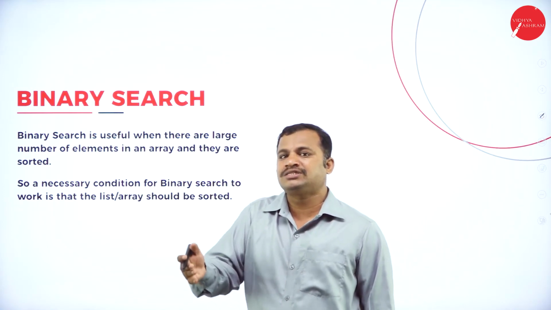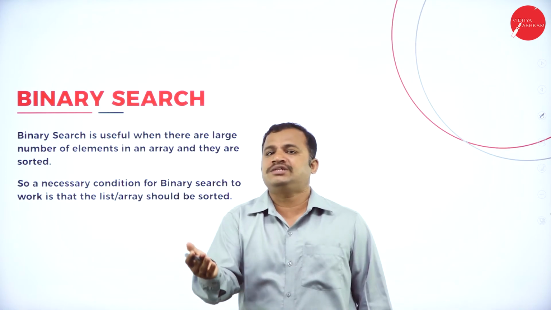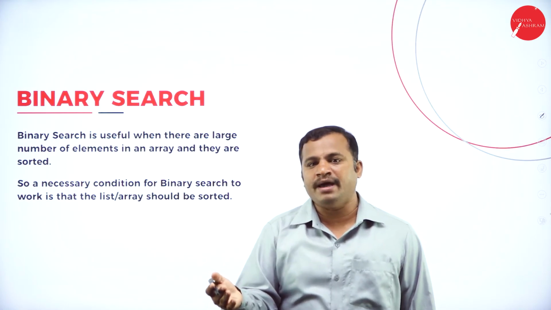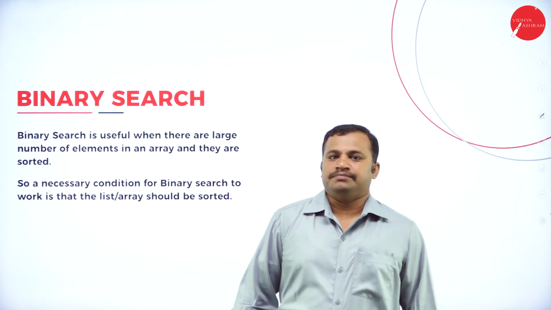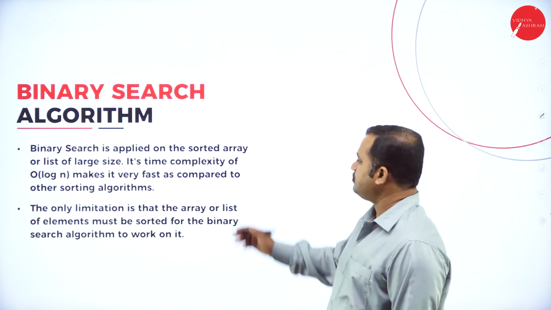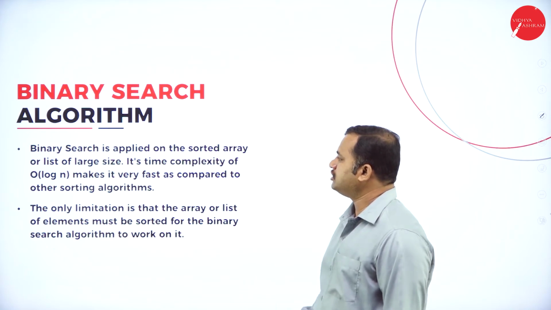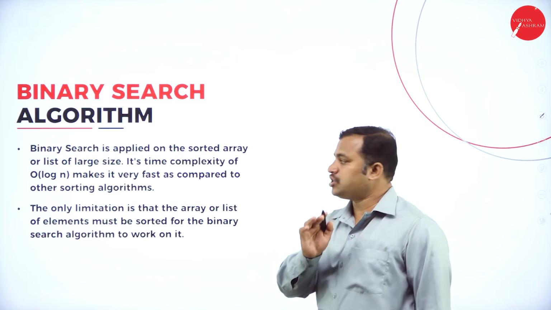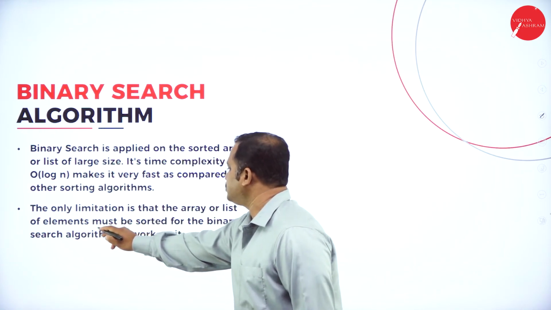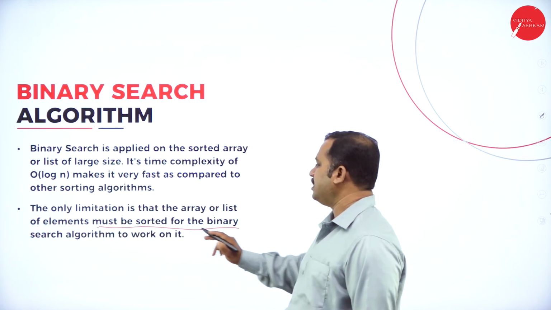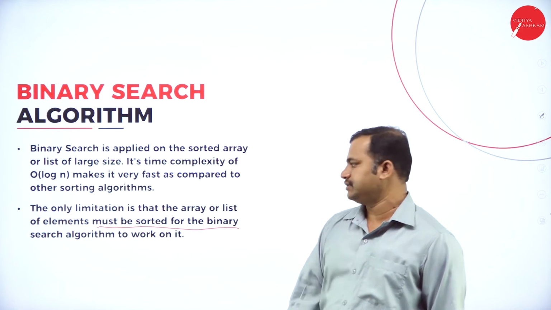So that increases the speed of execution. Obviously, the time complexity of a binary search algorithm is less than the linear search algorithm. This binary search algorithm applies only on a sorted array. The only limitation is that the elements must be sorted for the binary search algorithm to work on it.